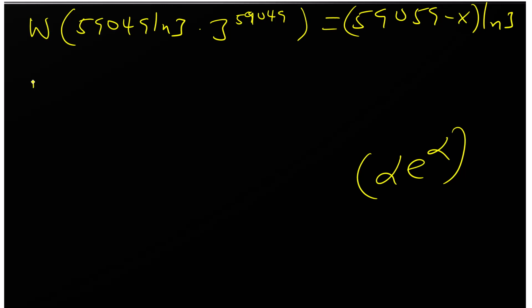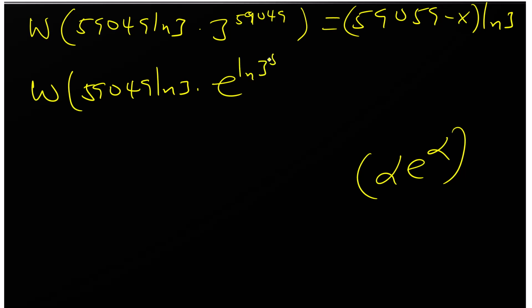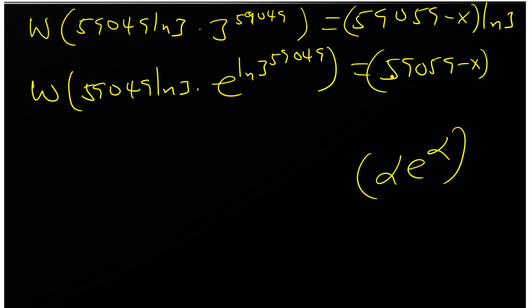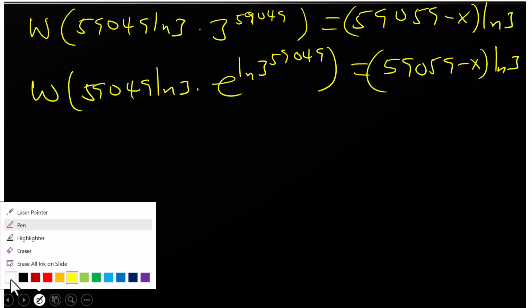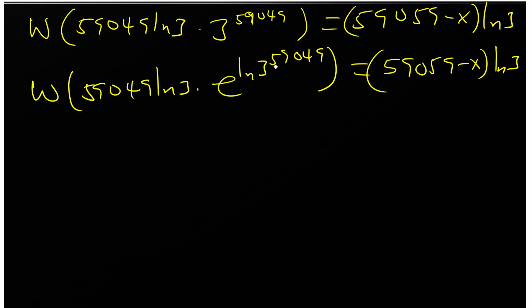So this side will be W function of 59049 ln of 3 times e raised to 59049 ln of 3 equals 59059 minus x ln of 3, and write it well. Okay, so work this one.